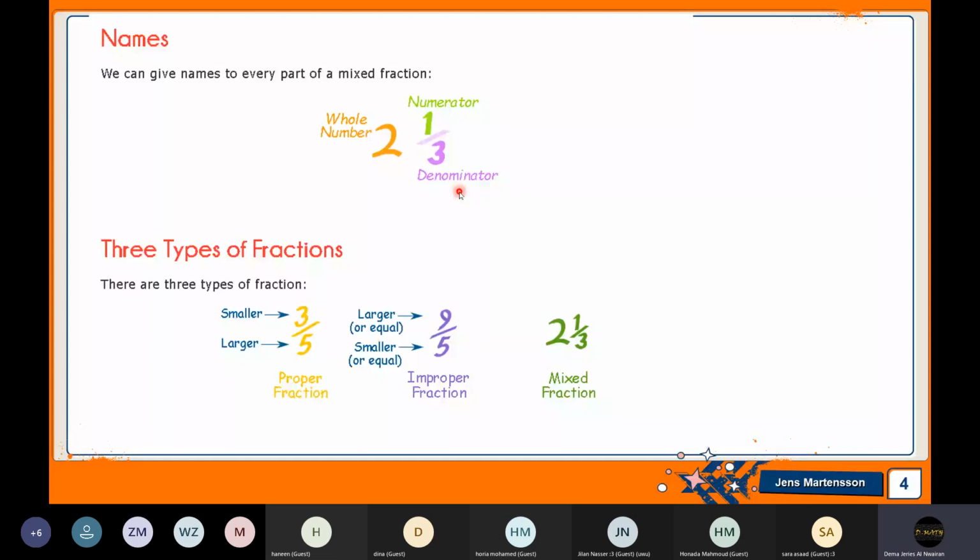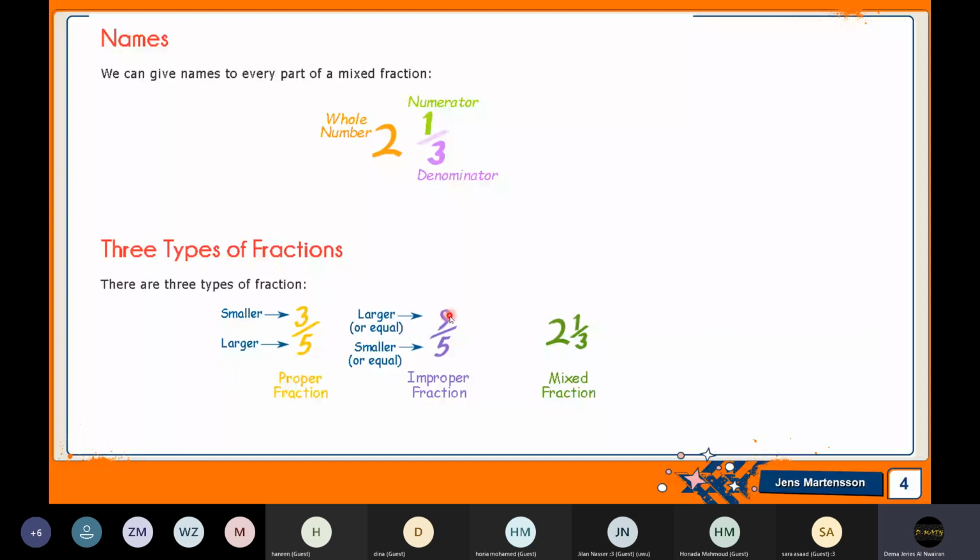And we have to know that we have three types of fraction: proper fraction, improper fraction, and mixed fraction. The proper fraction means if the number in the numerator, the number up, is less than the number down, if the up is smaller and the down is larger, this is a proper fraction.